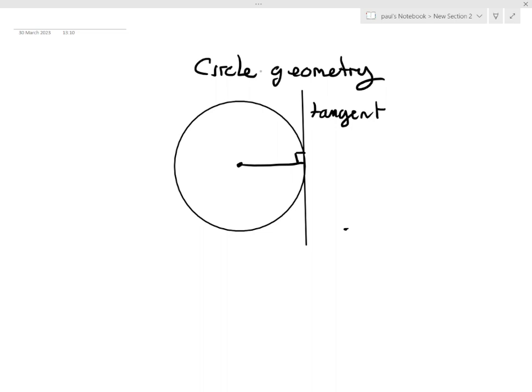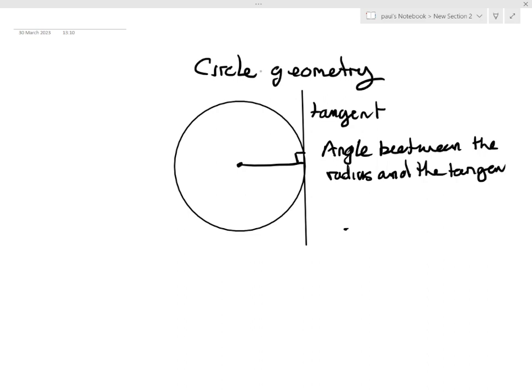And so we have the little rule that the angle between the radius and the tangent is always 90 degrees. There you go.